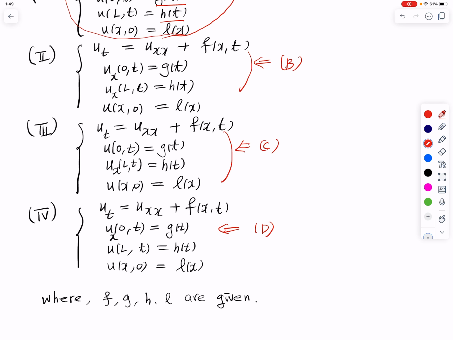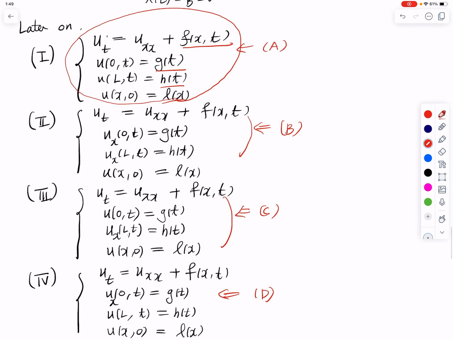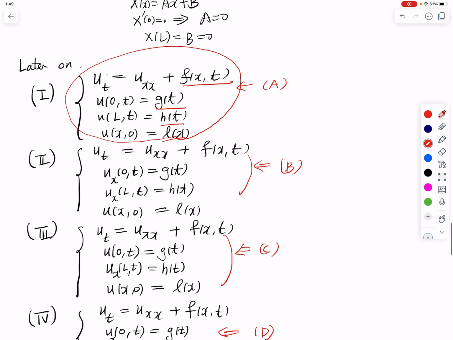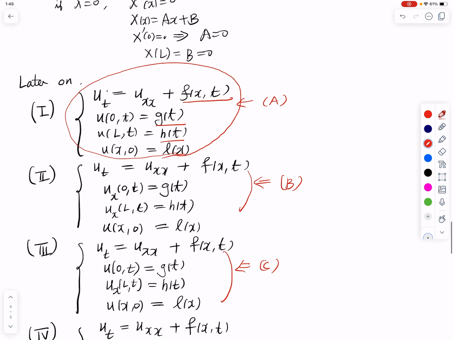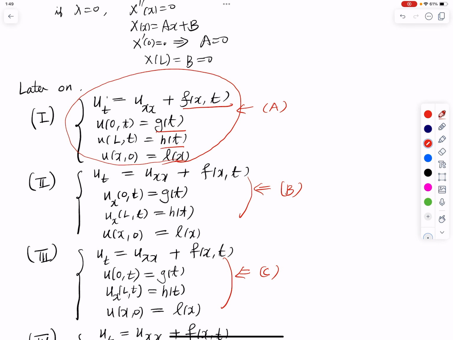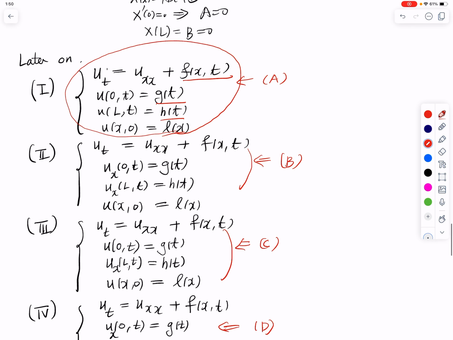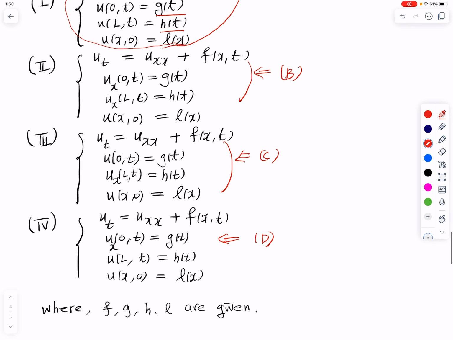So here, I cannot do all 4 cases. Once you know how to solve one of these cases, you can follow exactly the same method. Okay, so next time I will discuss problem number 1. And then if I explain problem number 1, you can follow exactly the same method to get the solution of problem 2, problem 3, problem 4.